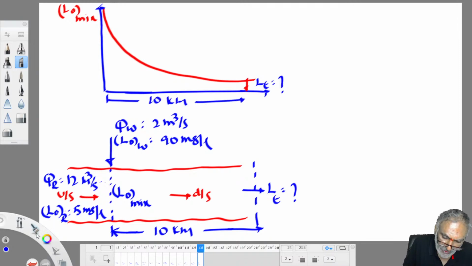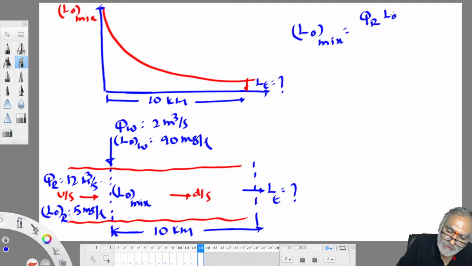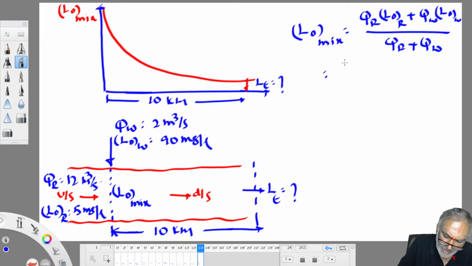So first of all, what you have to work out? L naught of mix. L naught of mix is equal to Q river into L naught of river plus Q wastewater into L naught of wastewater, by Q river plus Q wastewater. So Q river is given as 12. 12 into 5, plus Q wastewater is 2, 2 into 90, by 12 plus 2.